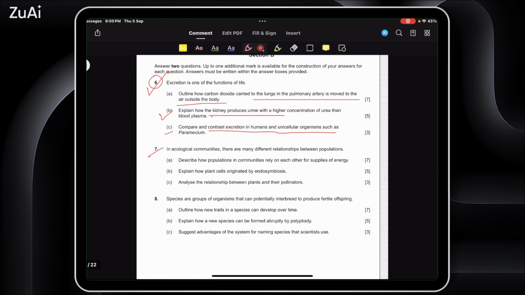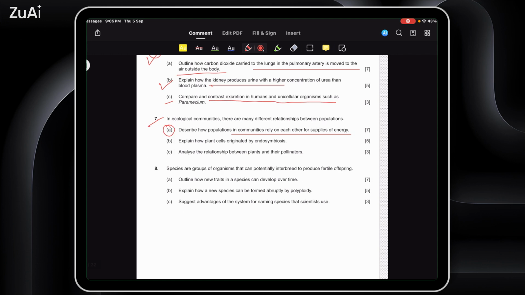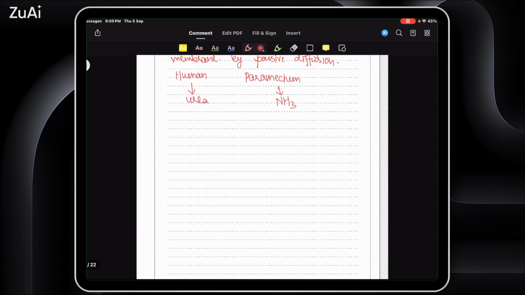Now we have to do 7. Describe how populations in communities rely on each other for the supply of energy. So that's question 7a. The autotrophs provide energy because they are the prime source of energy.